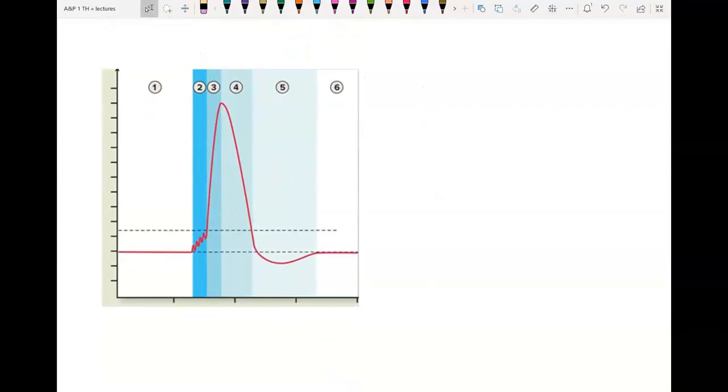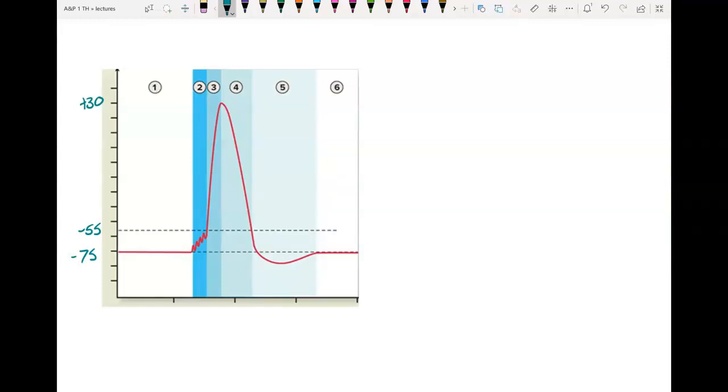Here we can look at it in more detail, and we can split it up into 6 steps of what happens in order to get a signal going through your axon. We're going to start off, here's our voltages. So this is -75, our resting. The dotted line is -55, which is threshold. Up here is +30. So those are the 3 voltages we're going to deal with.